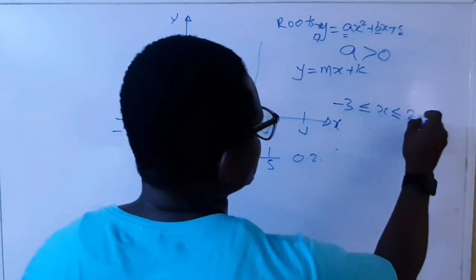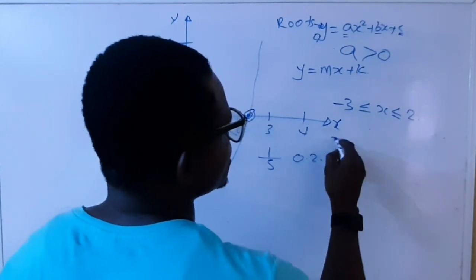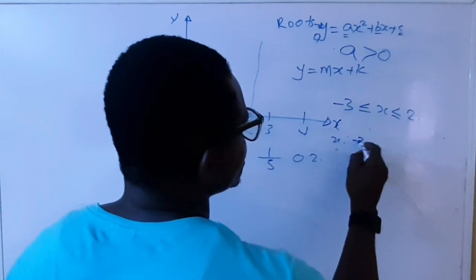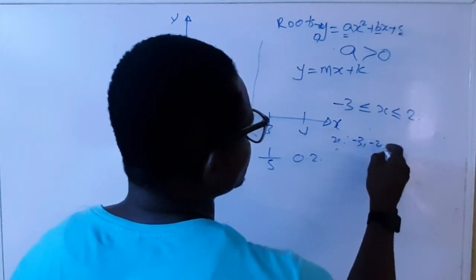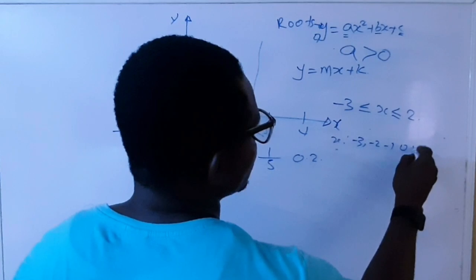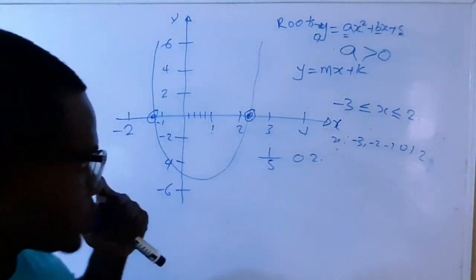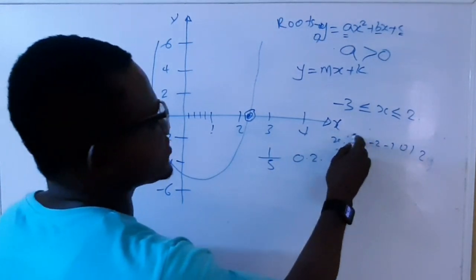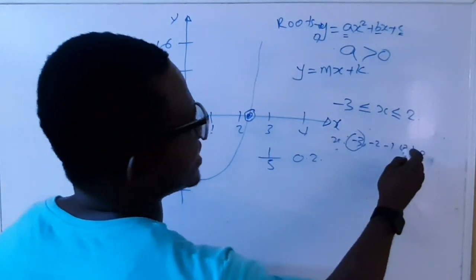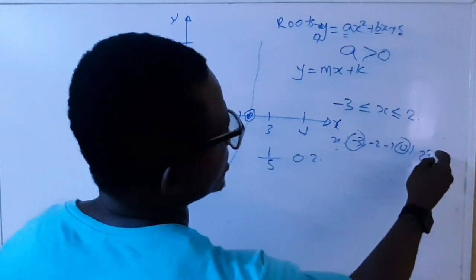So the values of x we take are -3, -2, -1, 0, 1, 2. All you need to do is pick the first value, the center value, and the last value. Just pick 3 values.